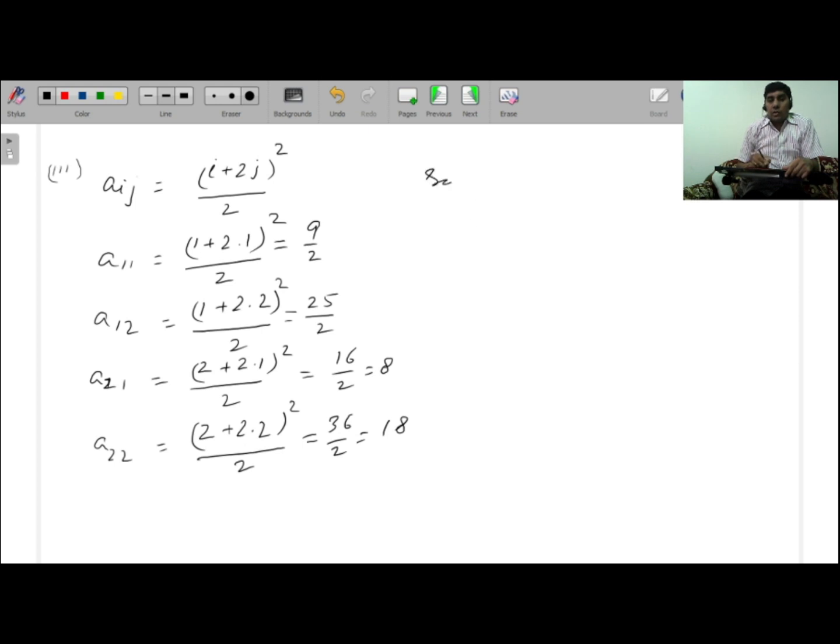So the required matrix is A equal to [9 by 2, 25 by 2, 8 and 18].